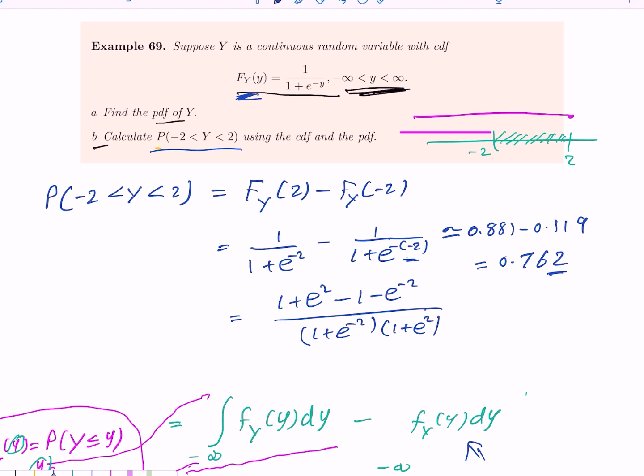So similarly you see, terms cancel out. So it is e^2 minus e^(-2), divided by this. So you can leave it that way too.